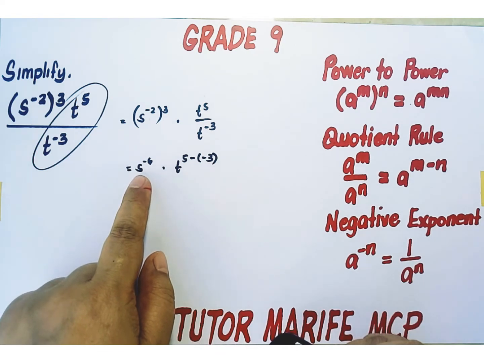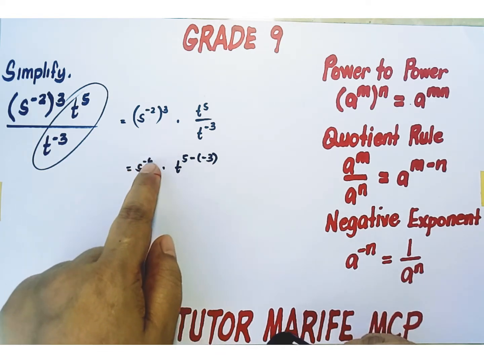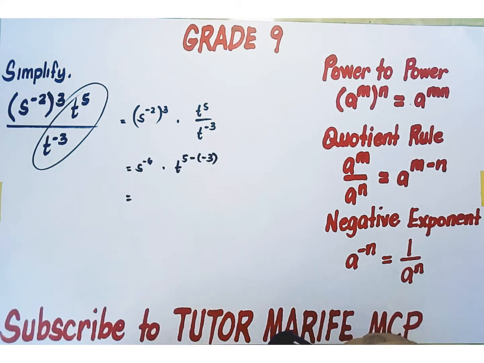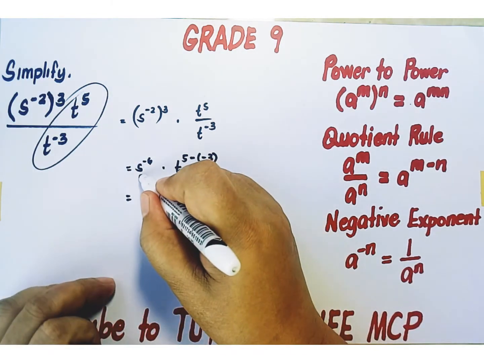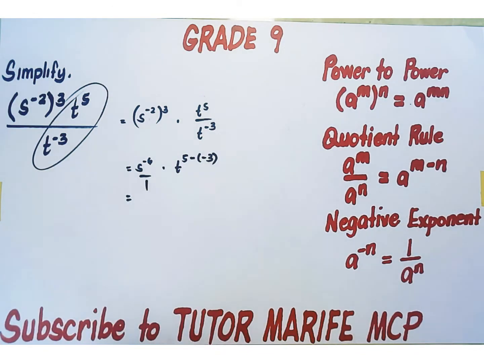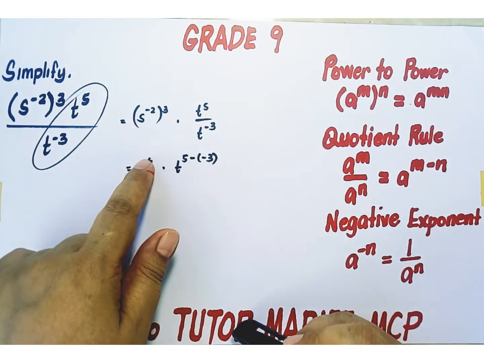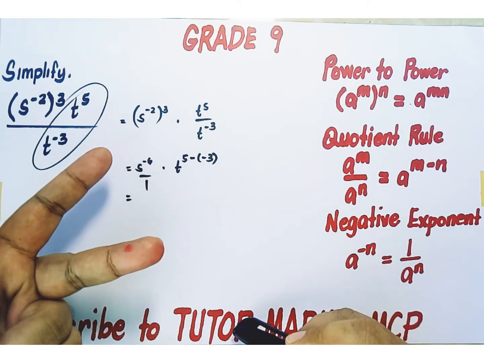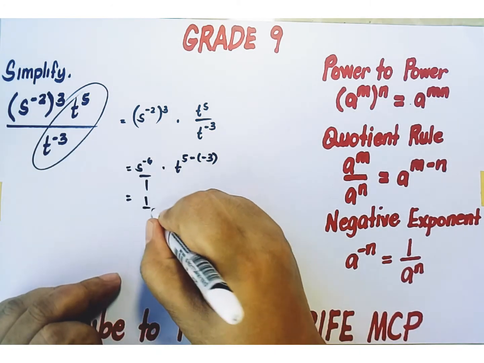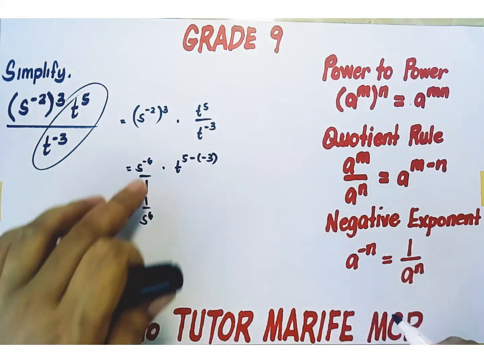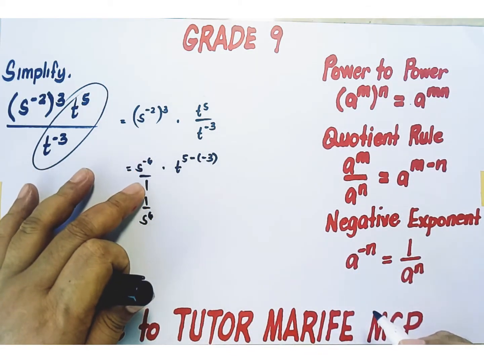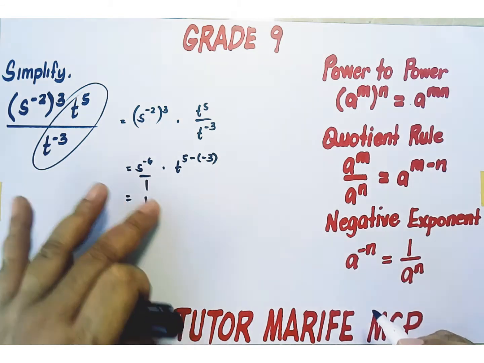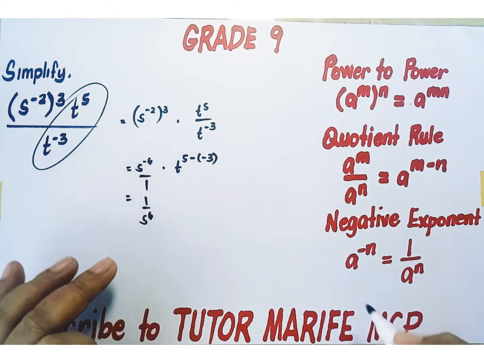Apply the negative exponent rule to change the negative exponent into a positive exponent. Any number has an invisible denominator of 1. To change negative 6 into positive 6, interchange the numerator and the denominator. S raised to negative 6 over 1 is equal to 1 over S raised to 6 by application of the negative exponent rule.